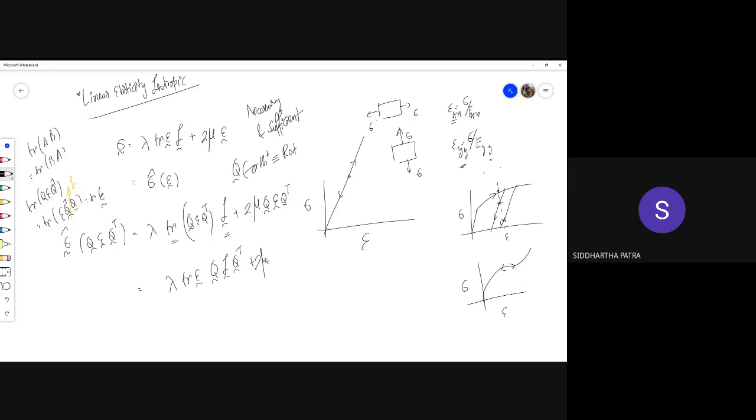So twice mu Q epsilon Q transpose right here. So now I can put this Q over here and Q transpose over here. And within square brackets, I have lambda times trace of epsilon times I plus twice mu epsilon, which is but sigma hat of epsilon.